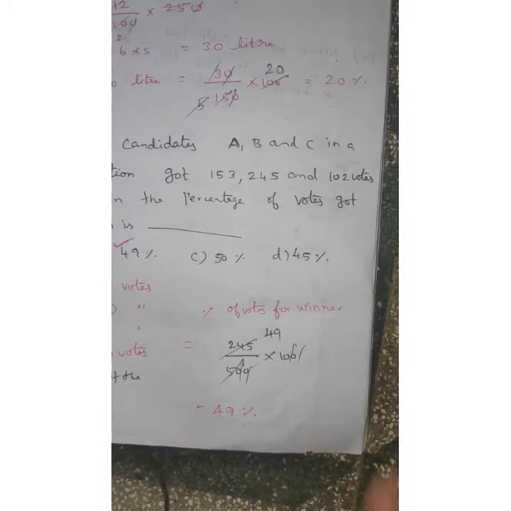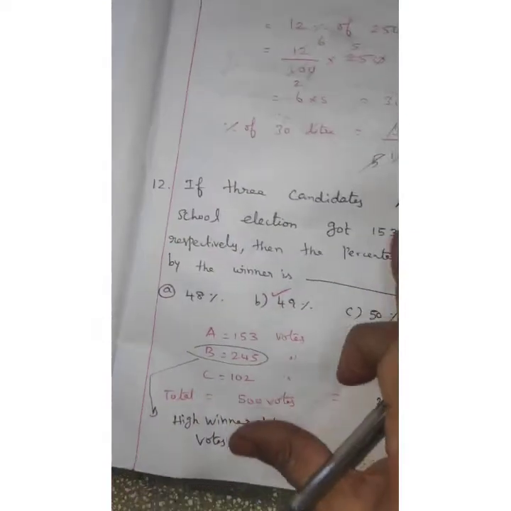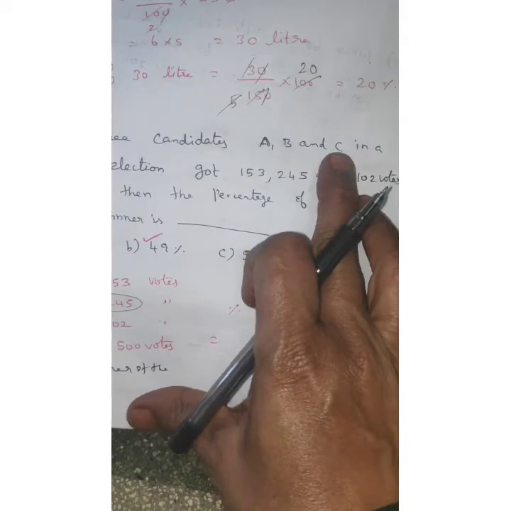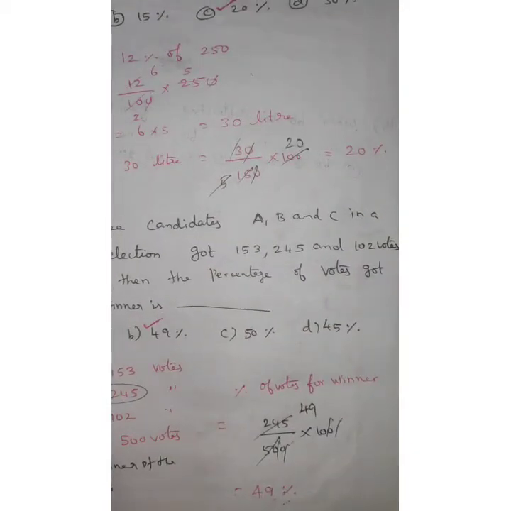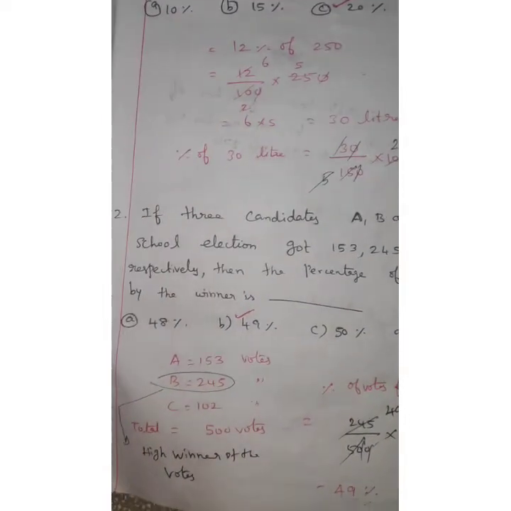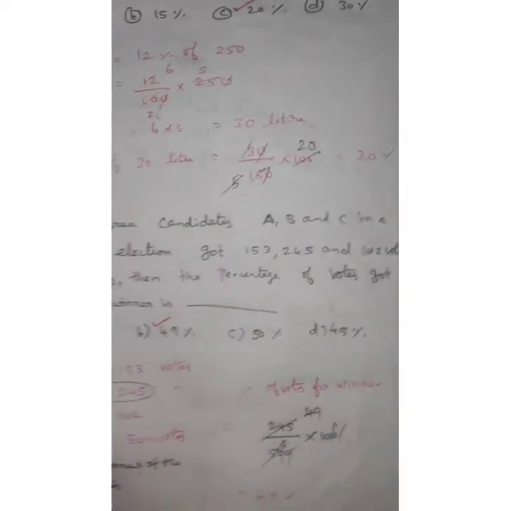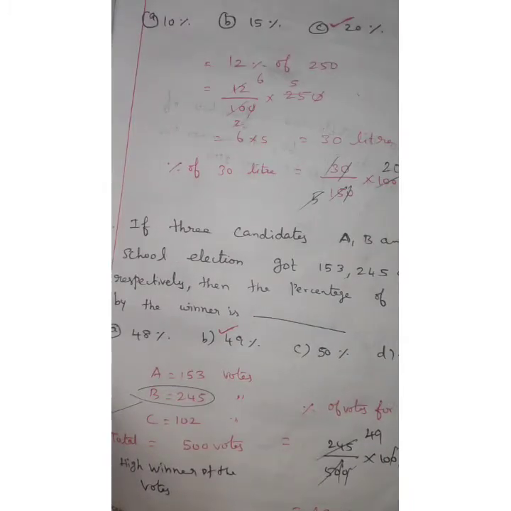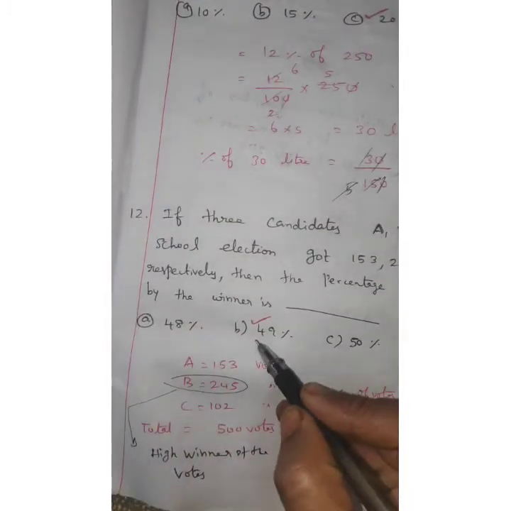So the second sum answer is 49. If three candidates A, B, C in a school election got 153, 245 and 102 votes respectively, then the percentage of votes got by the winner is dash percentage. There, 49 percentage.